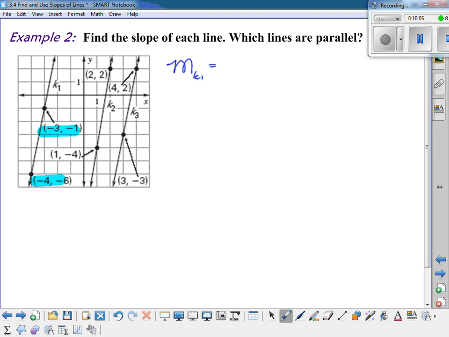So I take y minus y, so 1 minus -6, so that becomes +6. And then -3 minus -4, so that's -3 plus 4. 1 plus 6 is 7, and -3 plus 4 is 1. And so that equals 7.